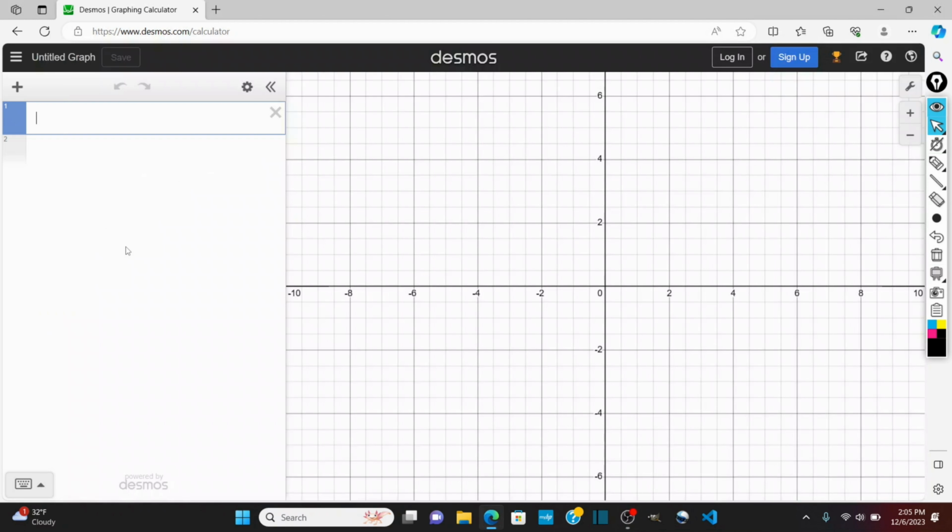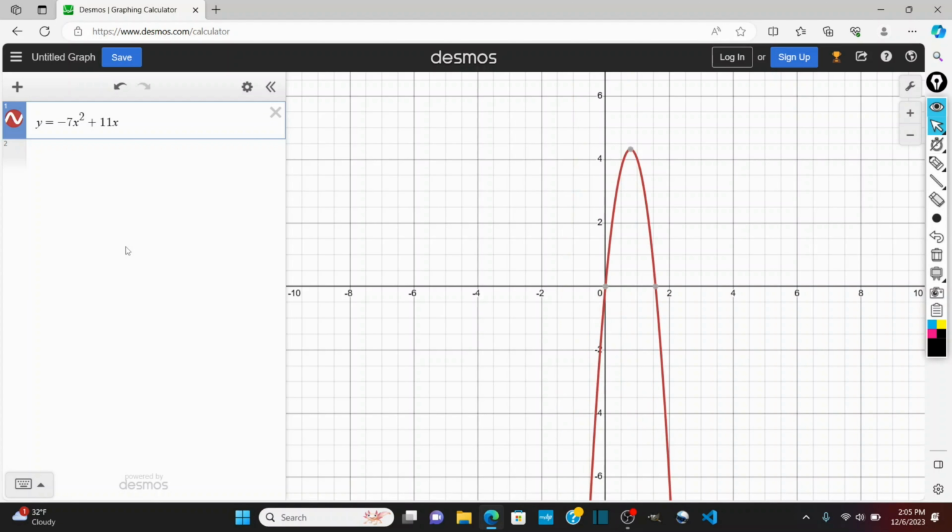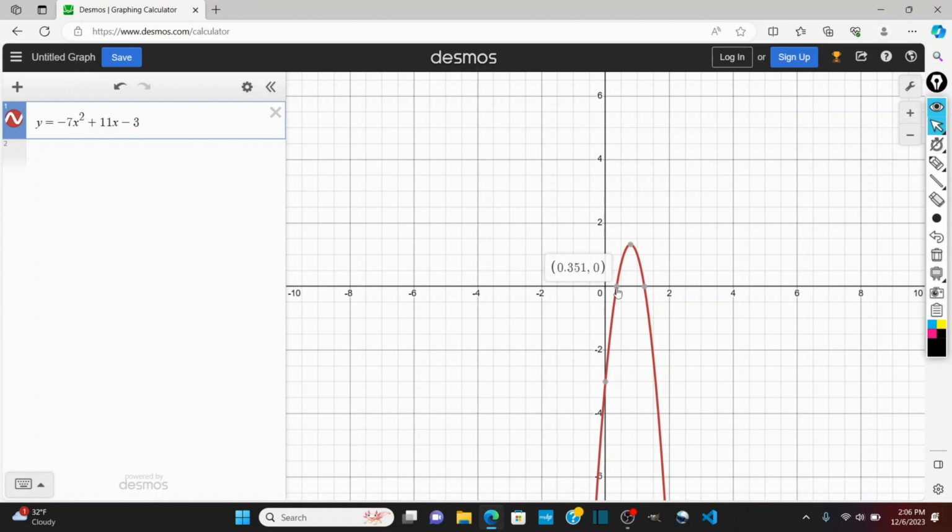All right, so we're at Desmos, so I'm going to enter in the equation y equals negative 7x squared plus 11x minus 3. Okay, and so we've got about 0.4 and a little under 1.3. So the estimate was on, and again, with the quadratic formula, we can figure out where the parabola is crossing the x-axis.